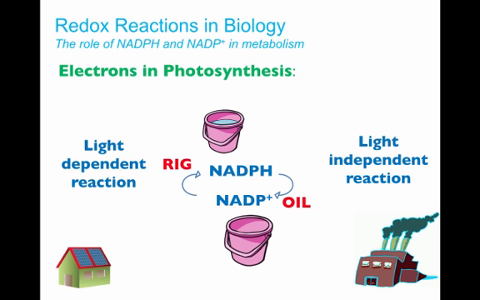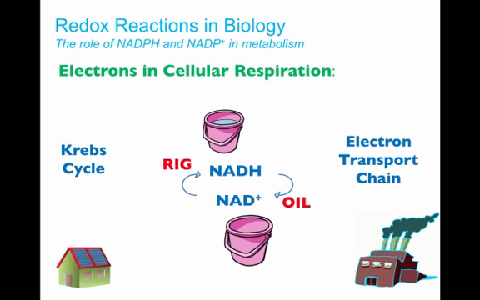Now, photosynthesis is not the only metabolic reaction where we see these redox reactions occurring. A very similar process happens during cellular respiration. In fact, it happens with a very similar molecule. There are just a few small changes in the shape of our bucket, and so we call it NADH.